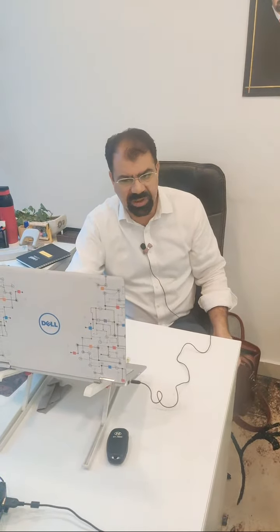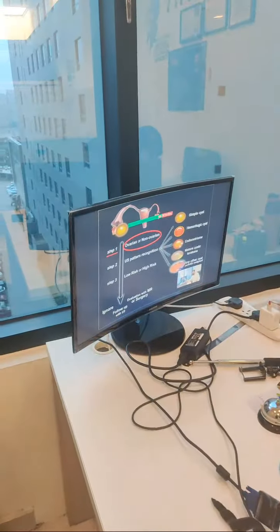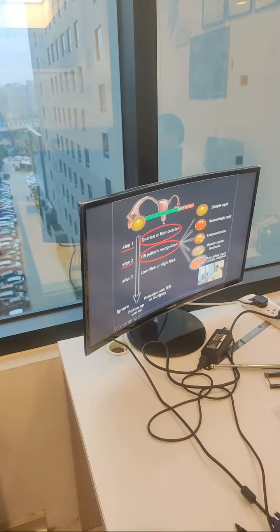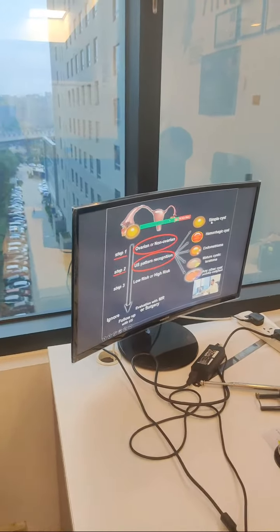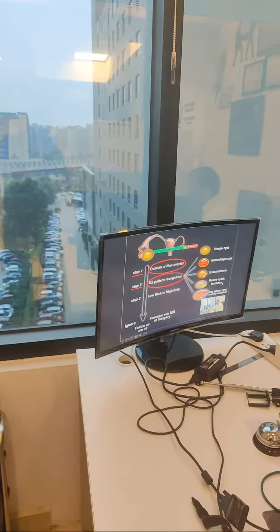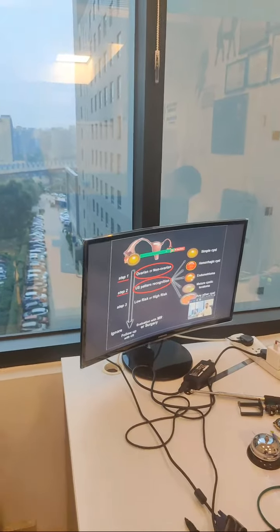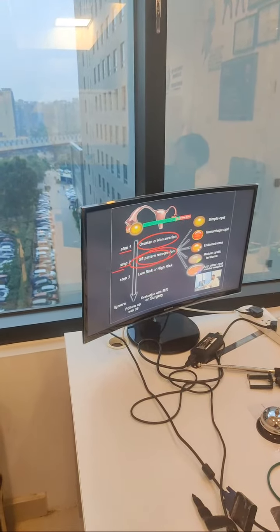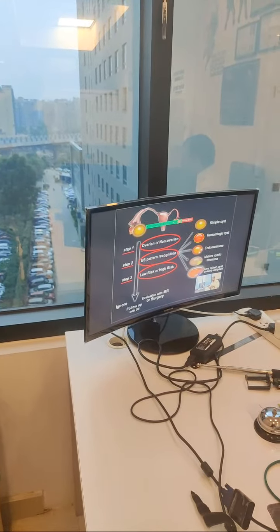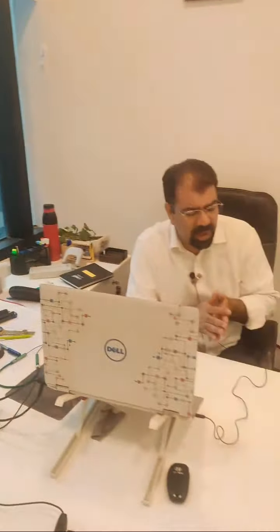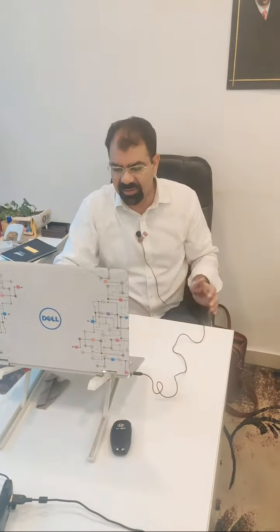Then we see the USG pattern. By this USG pattern, we will be able to comment whether I am dealing with a simple cyst, a hemorrhagic cyst, an endometrioma, maybe a teratoma, or maybe there is a possibility of a malignancy also. Then we have to decide whether the malignancy is low risk or high risk.